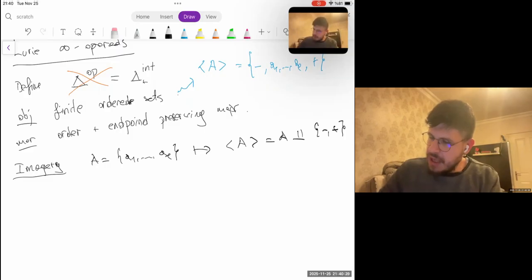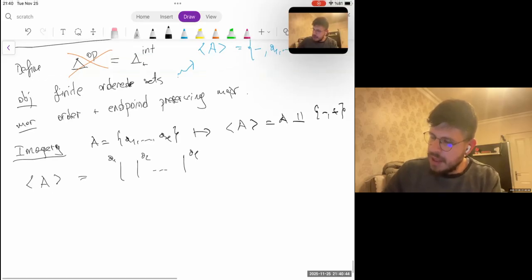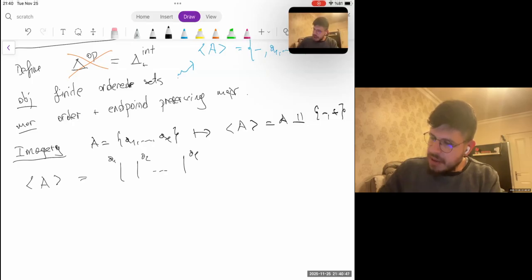The picture here is that this ordered set A, I will write as a bunch of strings, A1, A2, up to AL. So now, what is a map from A to B?